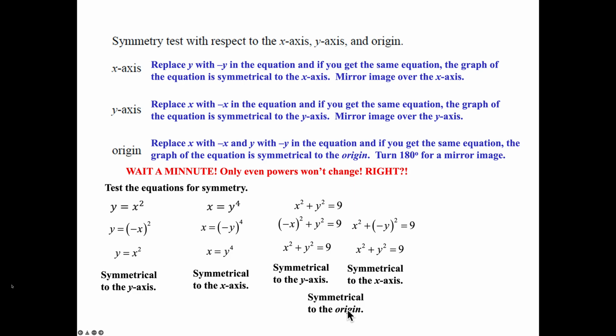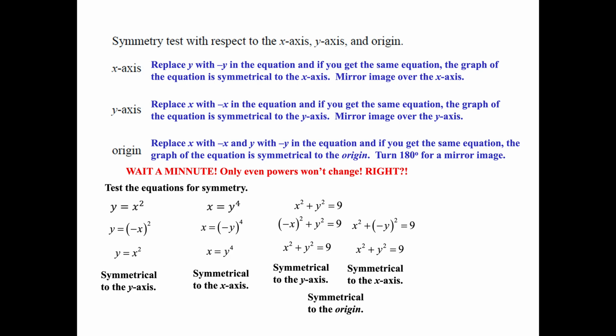Okay? So I don't have to test the origin if both the x-axis and y-axis symmetry tests work. All right, they both work, then the origin test will also work. It will be symmetrical to the origin.